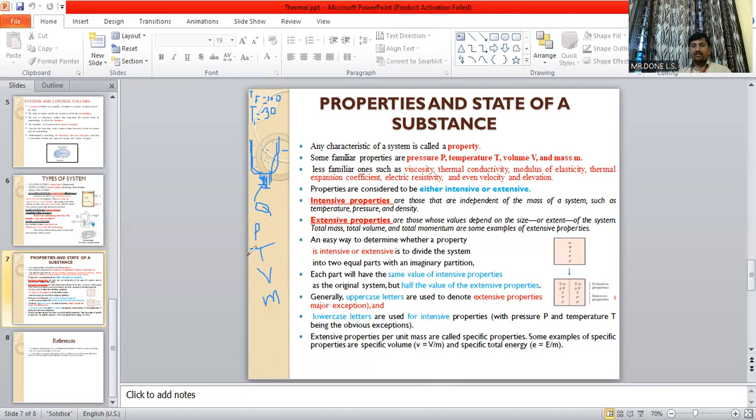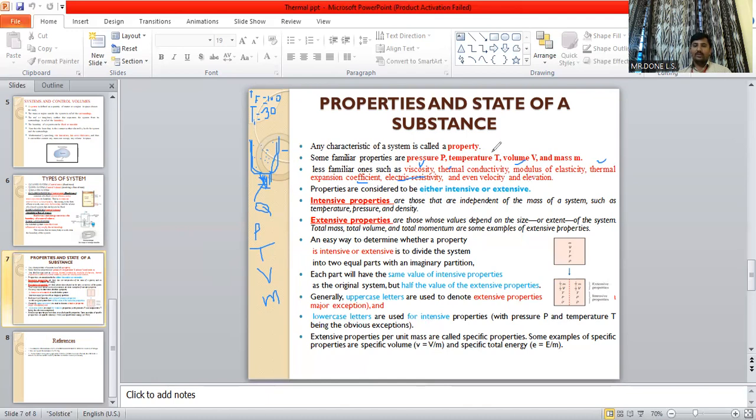Less familiar ones such as viscosity, thermal conductivity, modulus of elasticity, thermal expansion coefficient, electric resistivity, and even velocity and elevation are also properties. These are also different types of properties.